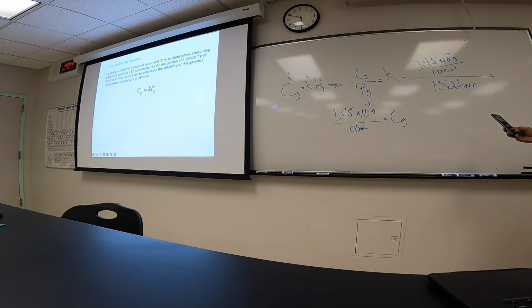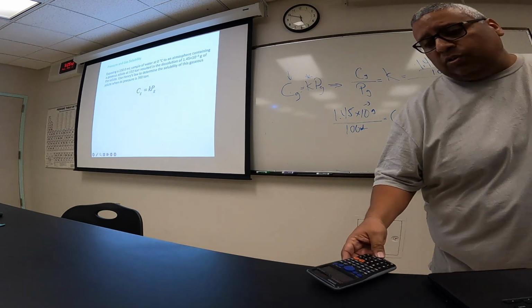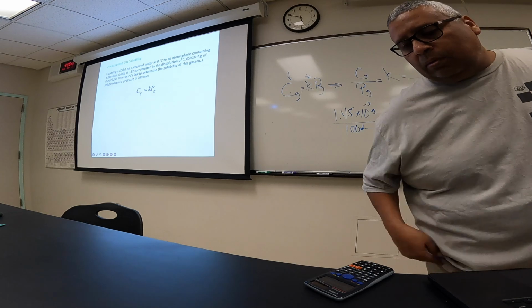Times 10 to negative 6 grams per milliliter torr. Times 10 to the minus what? 6.